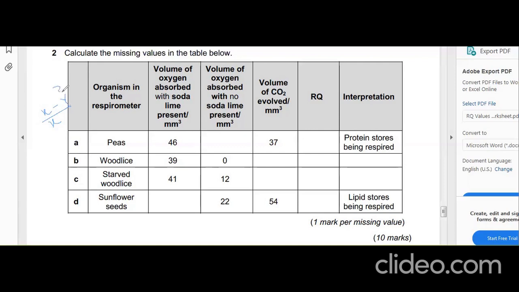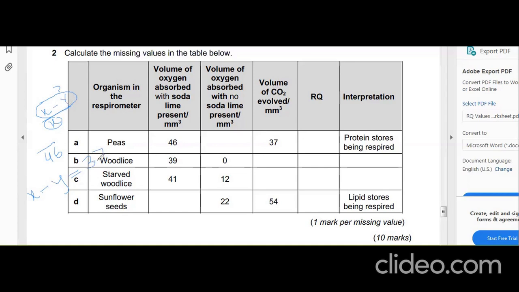Y is the question. But the volume of oxygen absorbed with soda lime, this X, is given to us. This is 46. While the total volume of carbon dioxide evolved, that means X minus Y, is given to us as 37.